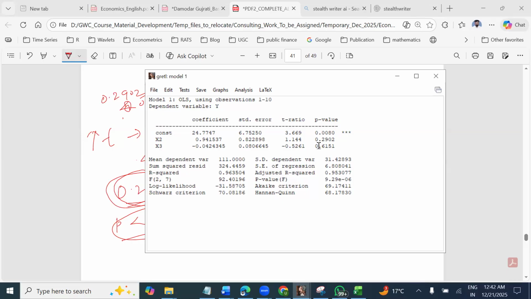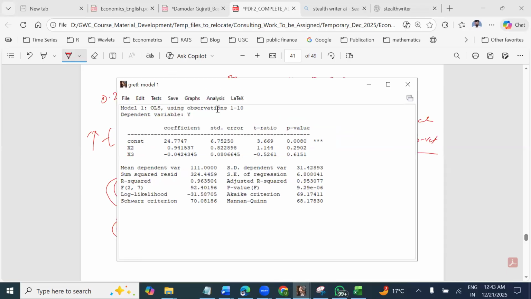Look at the p-value again. 0.6151. 0.61 is greater than 0.05. So it is statistically not significant. It means for beta 3, the null hypothesis is that beta 3 is also equal to 0, and you fail to reject the null hypothesis. So what is your null hypothesis? Beta 3 is equal to 0. Are you getting it? Yes, sir.